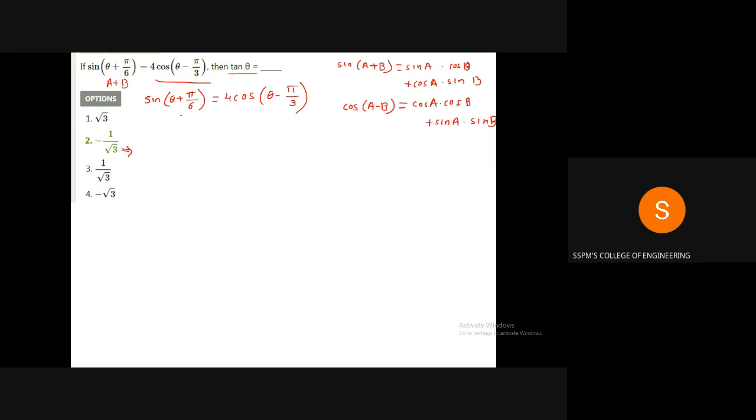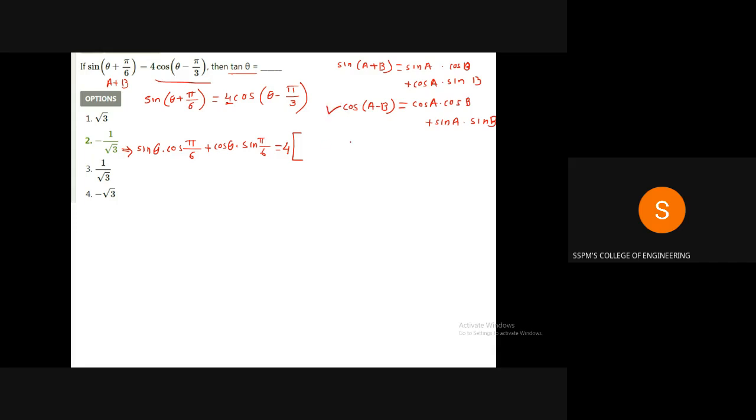So sin A plus B is sin A cos B plus cos A sin B. We will write sin A means sin theta into cos B means cos pi by 6, plus cos A means cos theta into sin B means sin pi by 6, is equal to, here 4 is a constant, so we write it as is. For cos of theta minus pi by 3, we will use this formula.